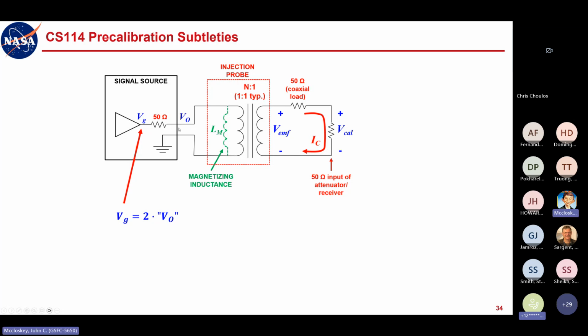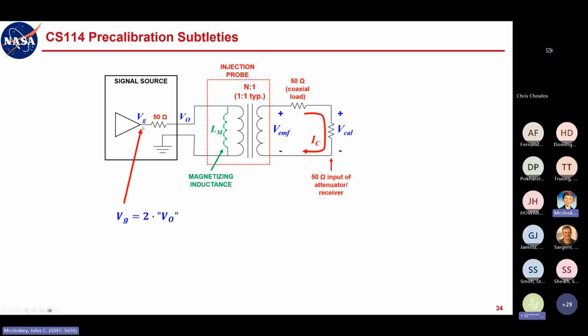Okay, so in any 50 ohm system, your signal source, an RF signal generator with a 50 ohm source impedance, when it tells you what your VO is, what your output potential is, it's assuming that you're hanging a 50 ohm load out here, okay?